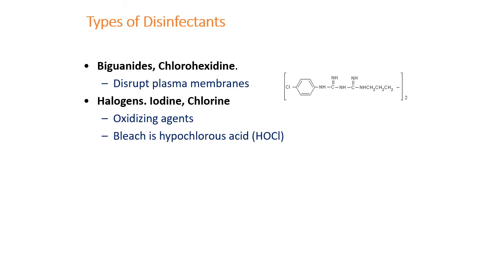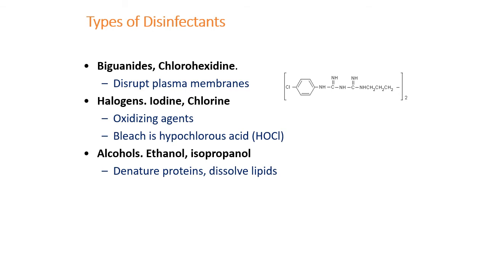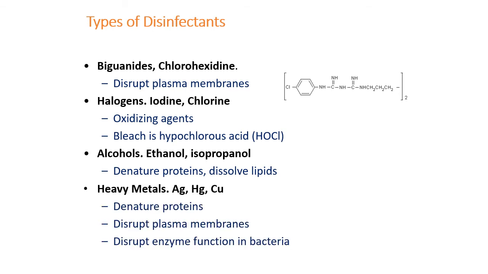Bleach, for stuff you might put in your toilet, is hypochlorous acid, for example, and will directly oxidize target organic matter. And then we have the alcohols, such as ethanol, isopropanol. These work by essentially just dissolving away the cell membrane on the outside of the bacteria. Dissolve the lipid and the bacteria cell falls apart.